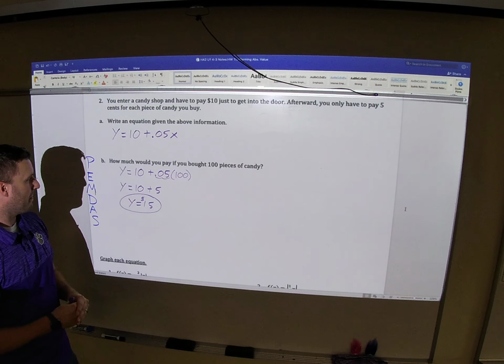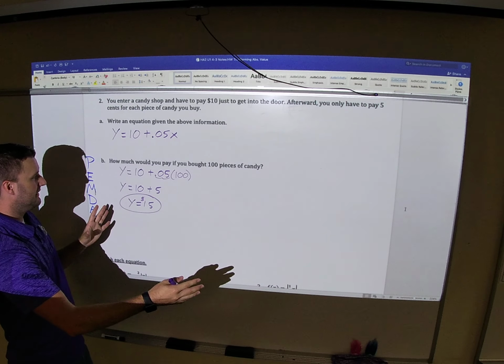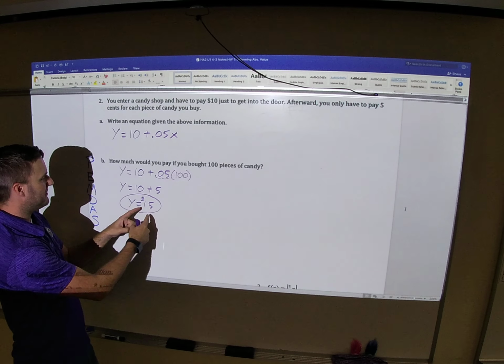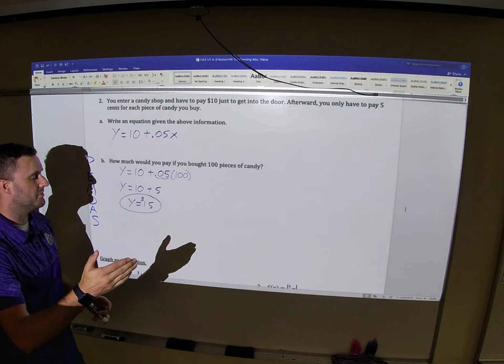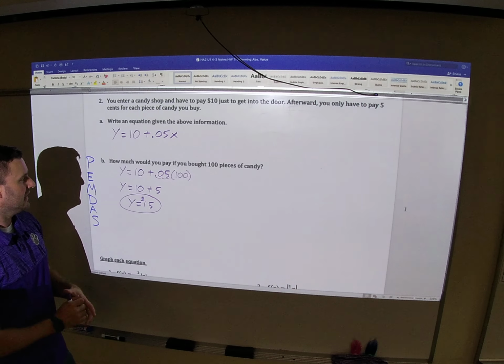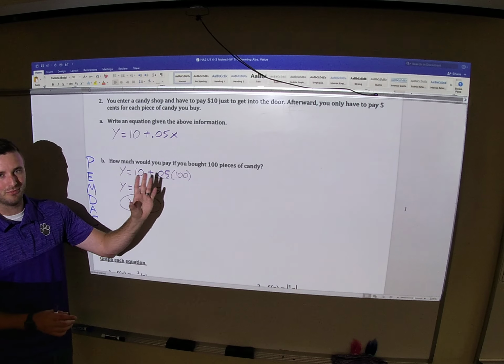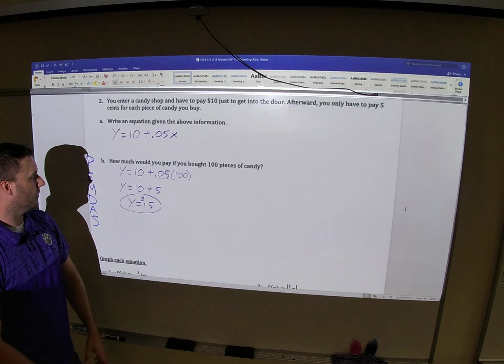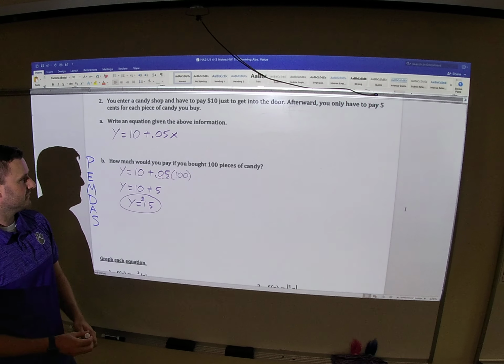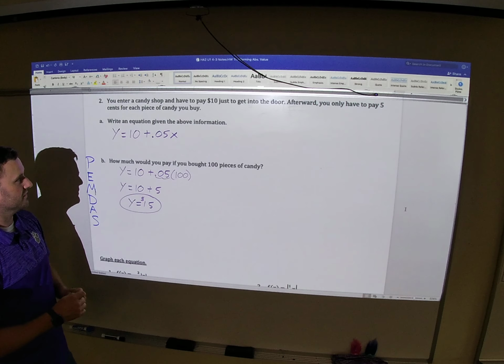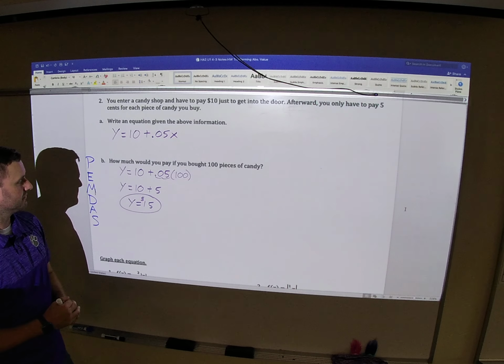That wouldn't be worth it. But if I buy 100 pieces of candy, I'm only paying $15 because it's so inexpensive for every piece of candy that you buy. And a lot of places do that to incentivize you to buy more, right? So they make more money. So this is how we write equations given word problems.